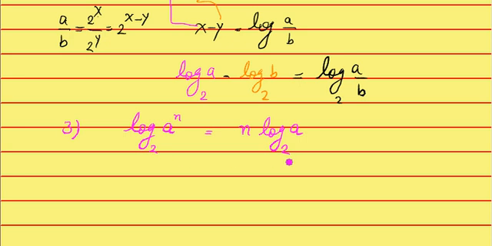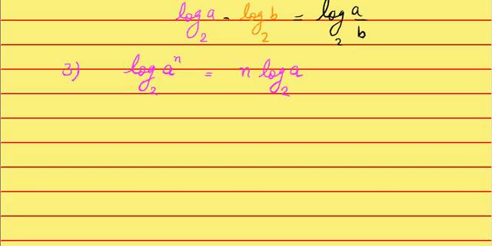Again, instead of 2 you could have had any number you wished. Let's demonstrate this for a particular exponent so that we don't have too many variables in our presence. Suppose I want to show that logarithm of a to the power of 5 in base 2 is same as 5 times logarithm of a in base 2. So what happened is that this exponent has come in front of the logarithm.